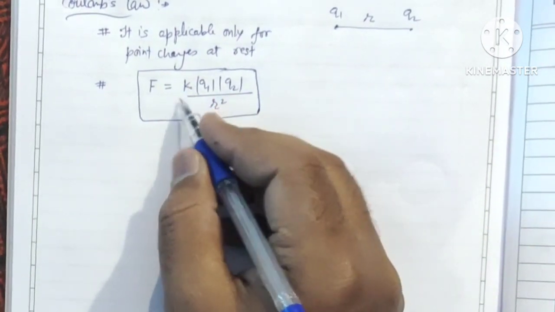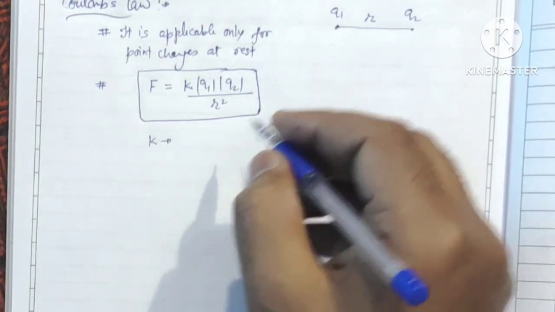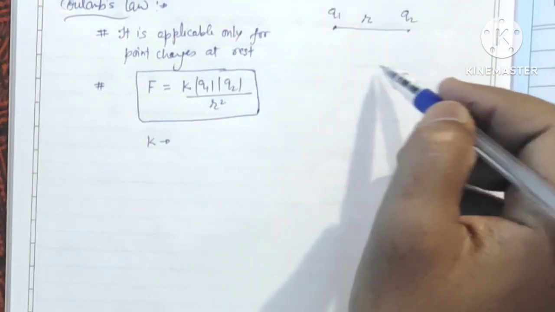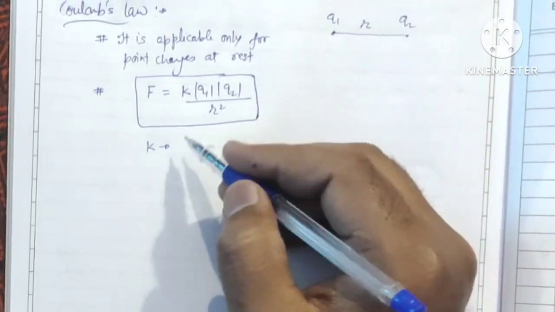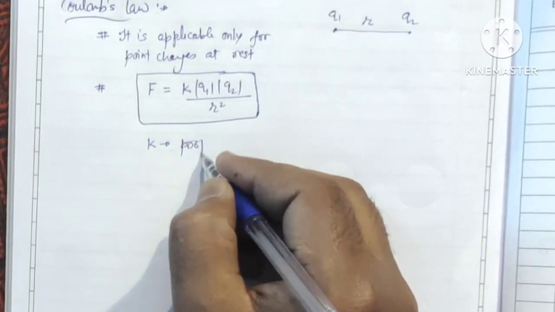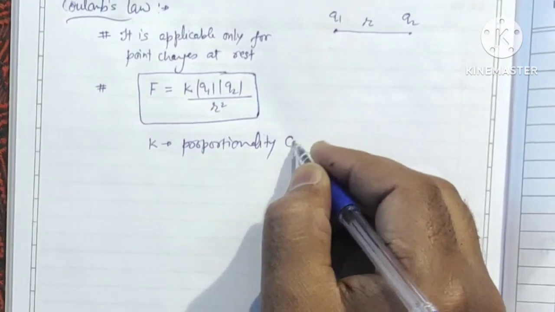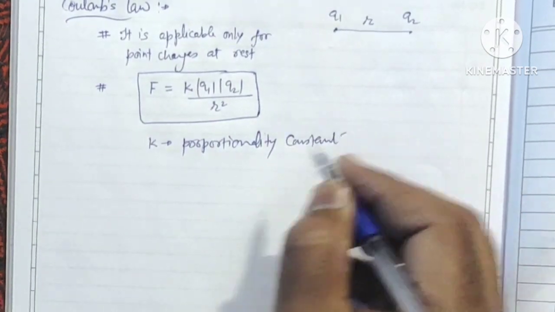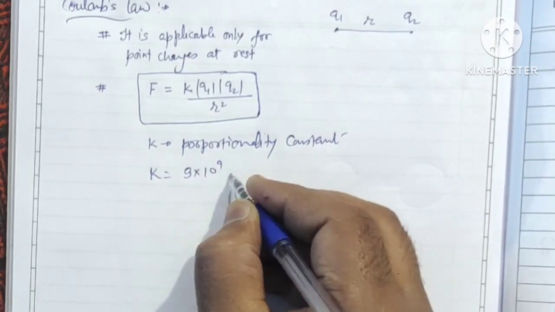Now here let me introduce K. K is some constant which explains the behavior of the medium, and its value depends on the medium. K is a proportionality constant, and its value is 9 into 10 raised to power 9.